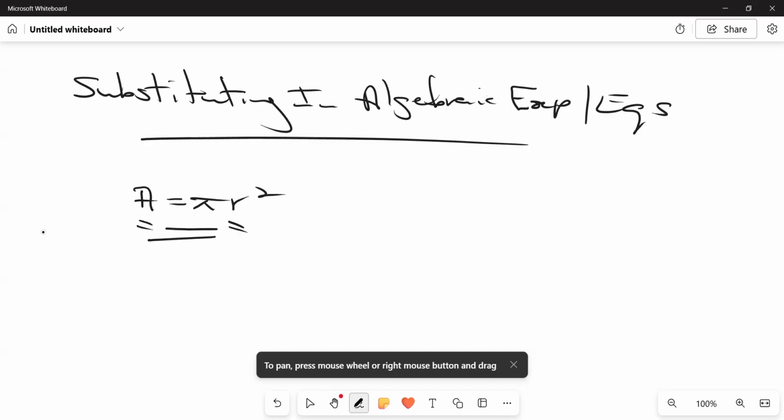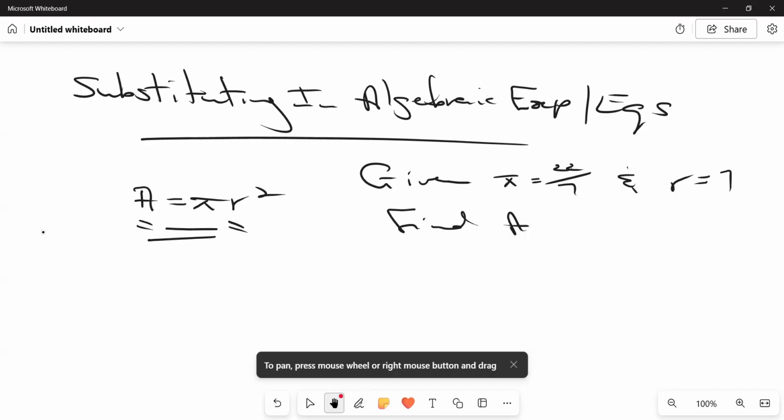And so let's say we're given pi equals 22/7 and r equals, let's say, 7, right? Find A, which you know is the area of the circle.